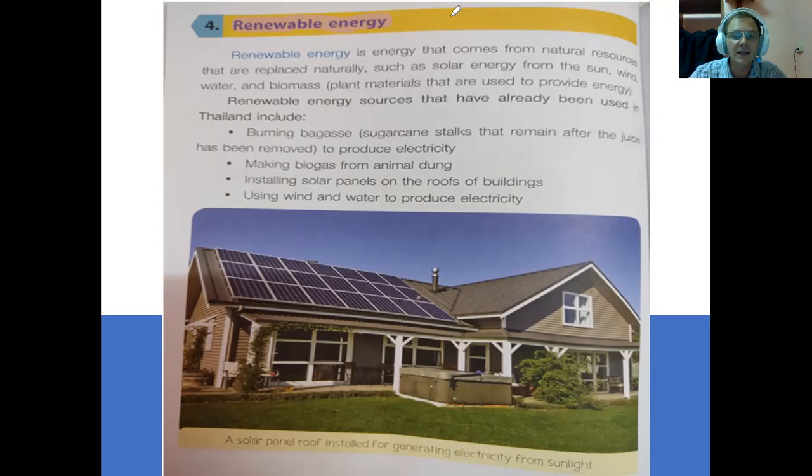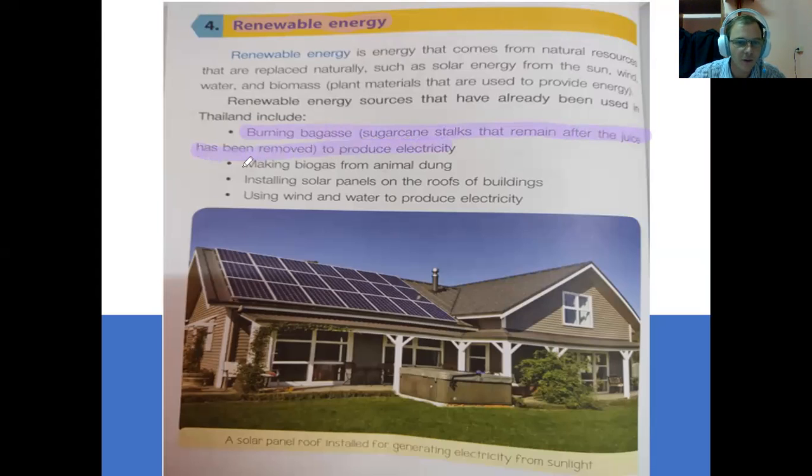So renewable energy sources that have already been used in Thailand include burning bagasse, or the sugarcane stalks that remain after the juice has been removed, to produce electricity. So this is another way: burning plant matter, which they are using in Thailand to create some energy.